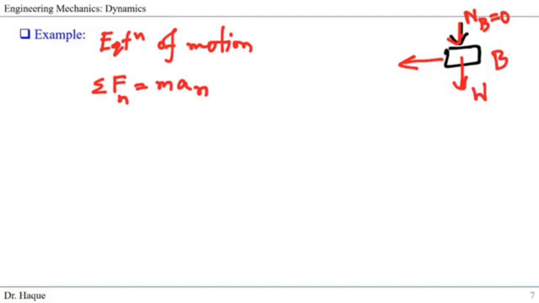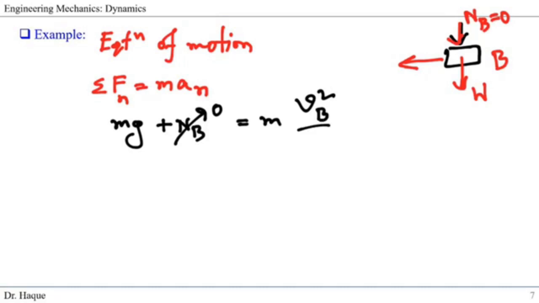The normal forces are mg, the weight, and also NB, the normal reaction, but that is 0, and there is also always mass times an. And for an, we know an equals vB square over rho B. We know rho B is given, which is 7.5 meter. M can be cancelled out. We know g, so we can find VB.